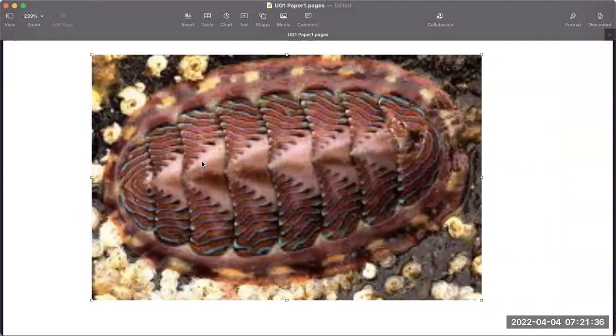Radula is present. Their shell has 8 dorsal plates. You can see how many plates? 1, 2, 3, 4, 5, 6, 7, and the last one 8.